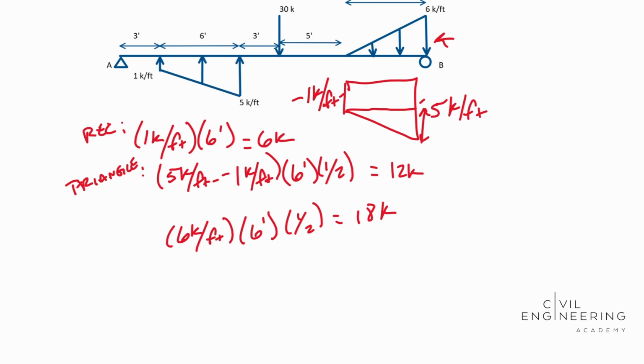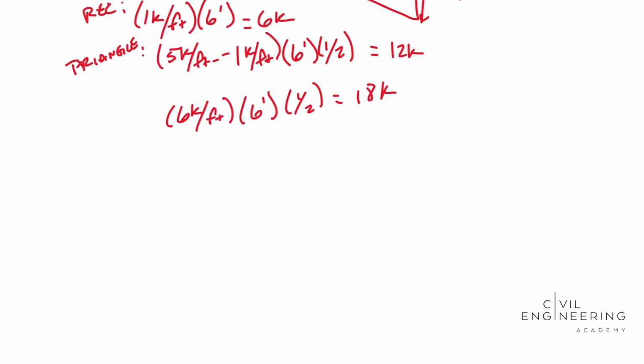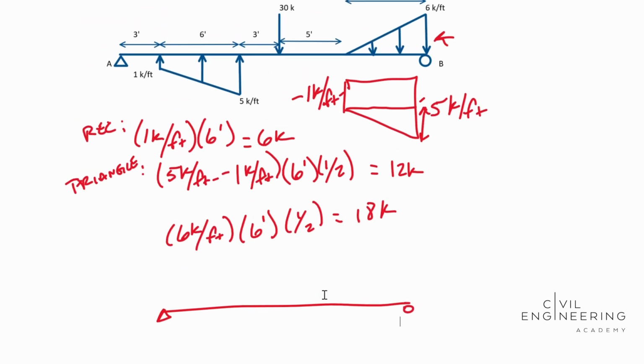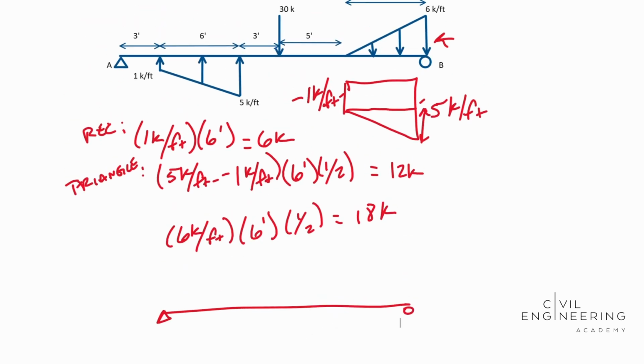Okay, so let's scroll down and draw a free body diagram. So here's kind of what we're going to be looking like. We're going to have a beam. We've got a pin here. We've got a roller here. Okay. So let's see if we can pull this off. We can probably squeeze it in. Okay.